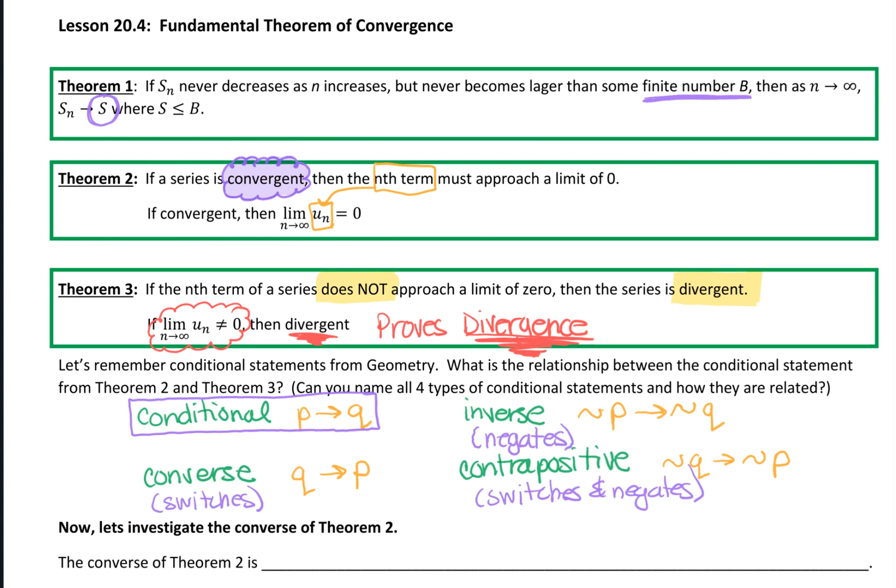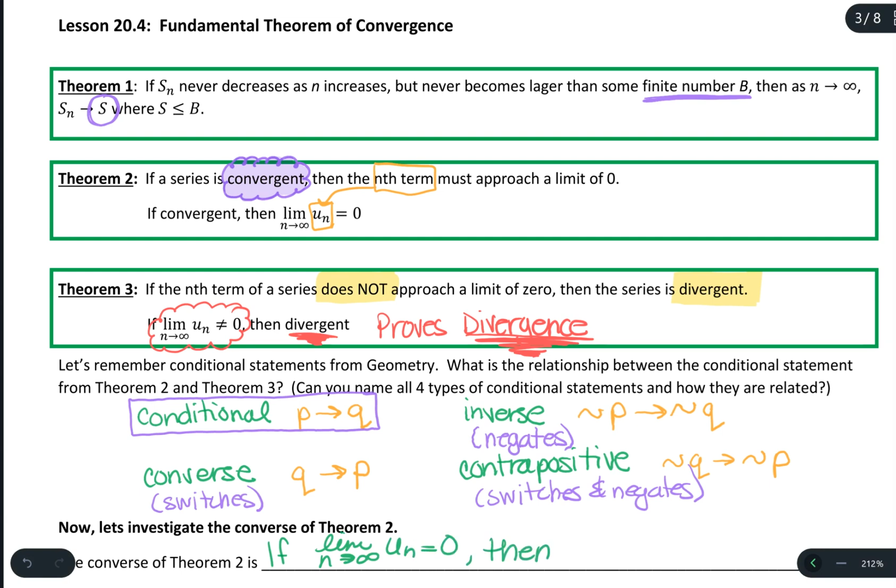So we're going to end up with, if, and now we start off with the original conclusion: if the limit as n approaches infinity of u sub n is equal to 0, then the old hypothesis becomes the conclusion. So then the series converges.